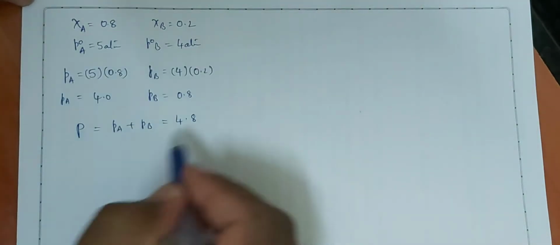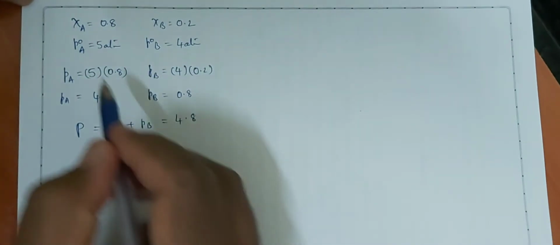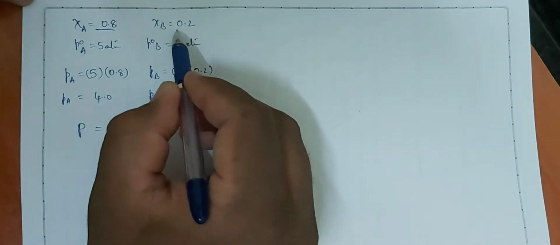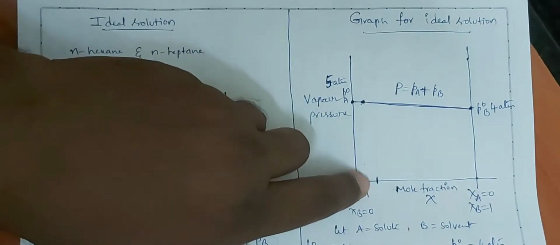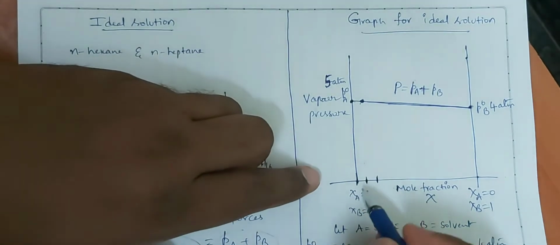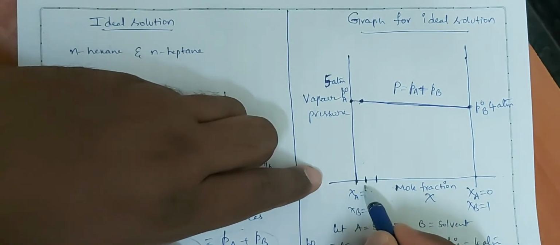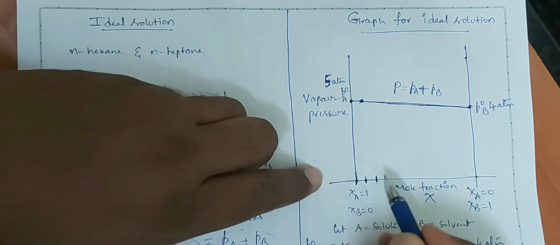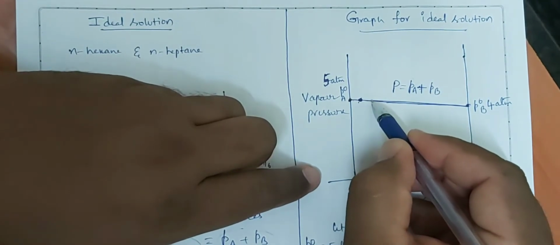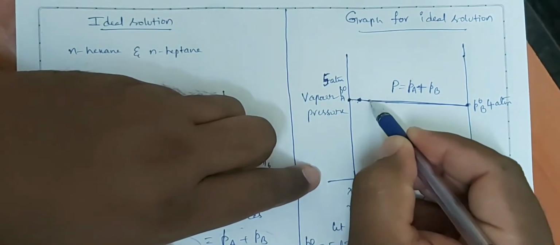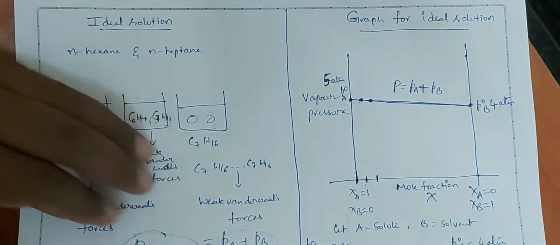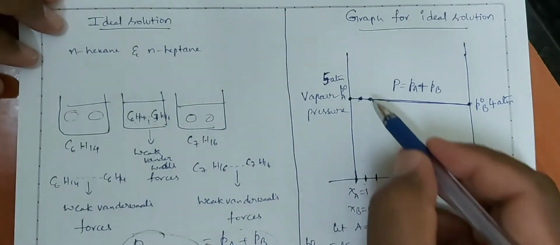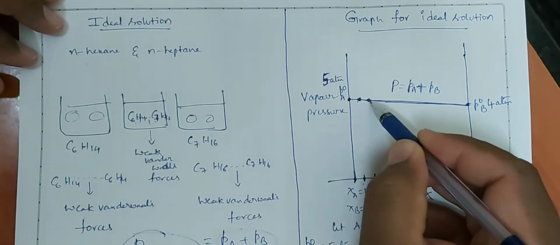So by preparing chi A is equal to 0.8, chi B is equal to 0.2, at this second point, see, chi A is equal to 1 here, 0.9, 0.1 here, 0.8, 0.2. We got 4.8, that 4.8 is slightly smaller than 4.9. Correctly at this point, it is 4.8.